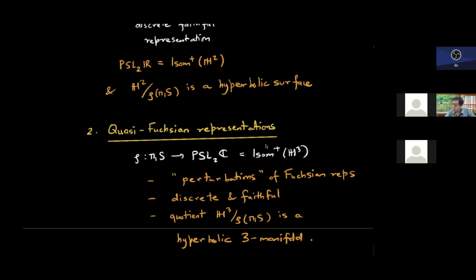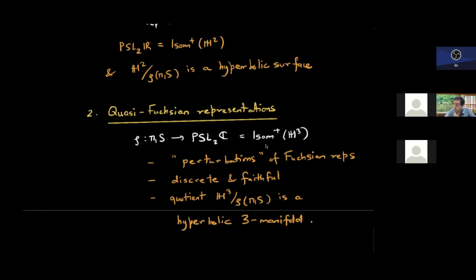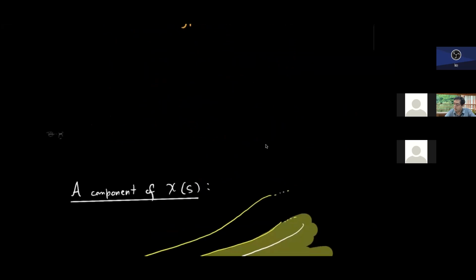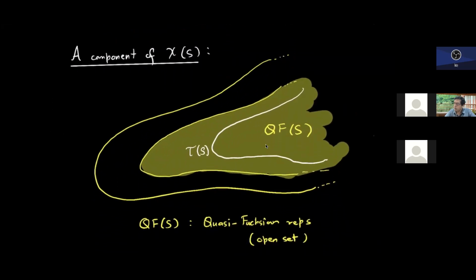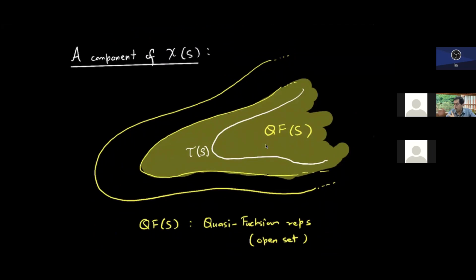Okay, so there are lots of examples of geometric interest of representations in this PSL2C character variety, and the picture you can have in mind is that all of these lie in the component of the character variety that comprises representations that lift to SL2C. In fact, these quasi-Fuchsian representations form an open set.